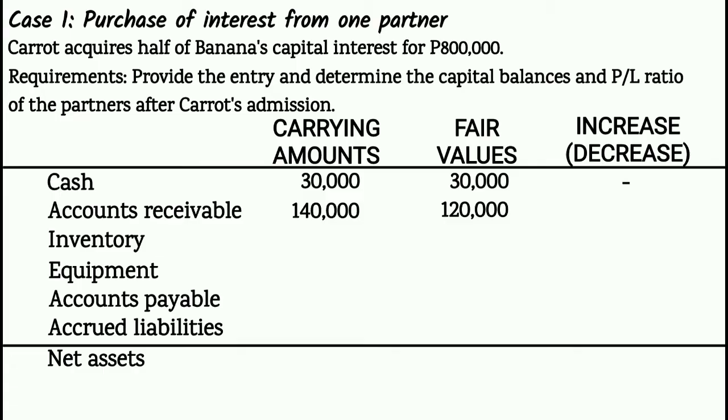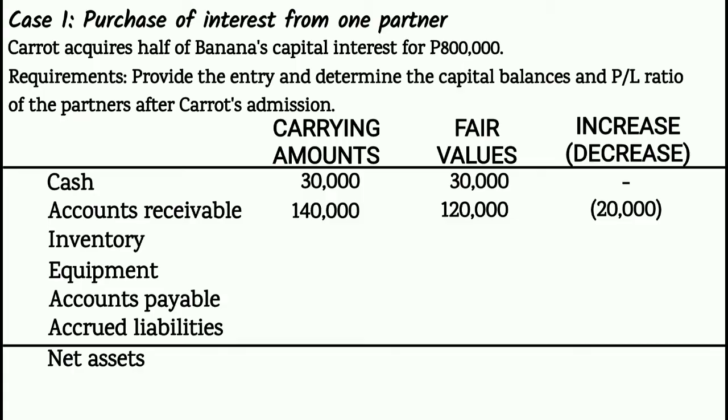Since ang carrying amount ay 140,000 pesos at ang fair value ay 120,000 pesos, therefore, may decrease na 20,000 pesos sa accounts receivable. Since nag-decrease ng 20,000 pesos ang accounts receivable, ang effect niyan sa net assets ay decrease.